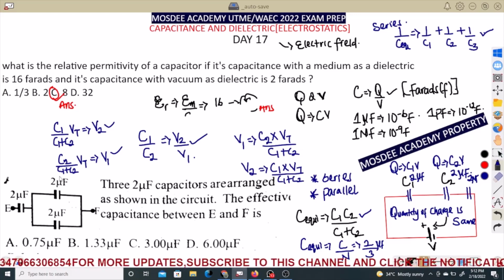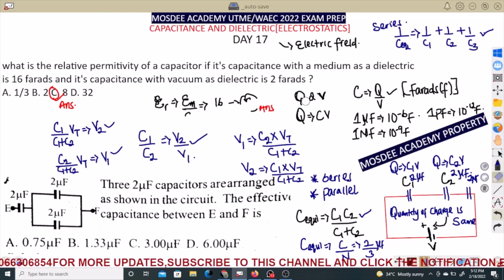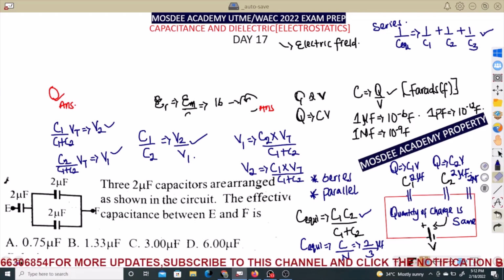When they are connected in parallel, that means they are not connected directly to the battery, they are being bridged. Now what we say is that the equivalent capacitor is very simple. It's a simple topic. I know you guys have an idea about it very well.